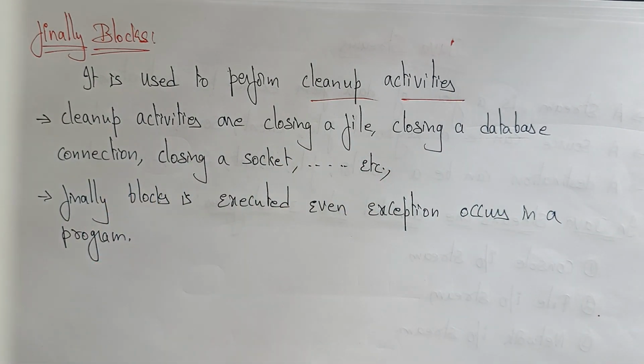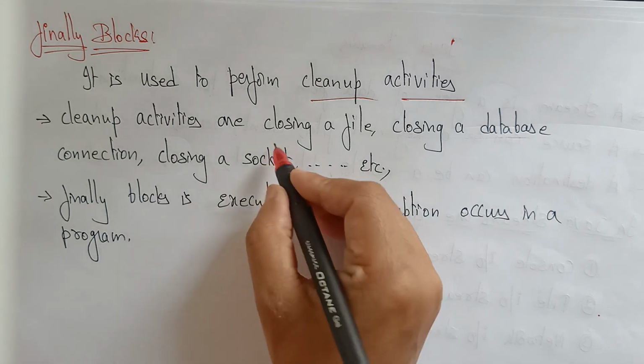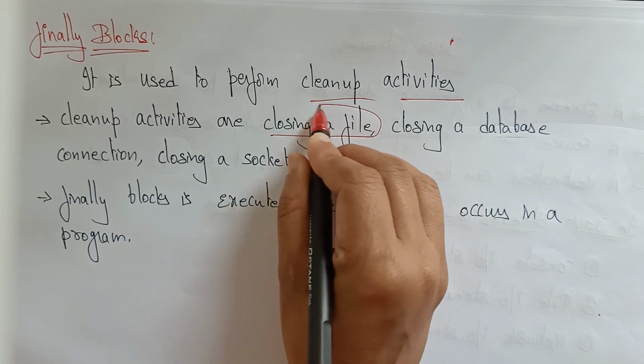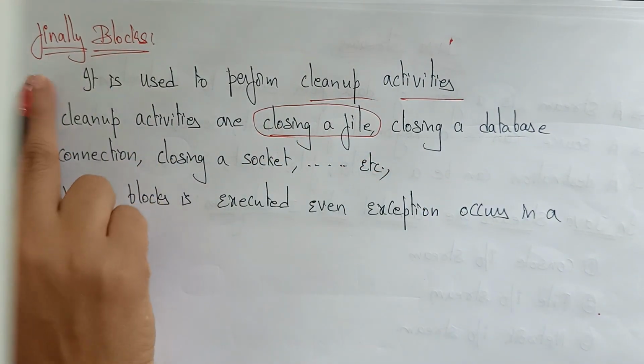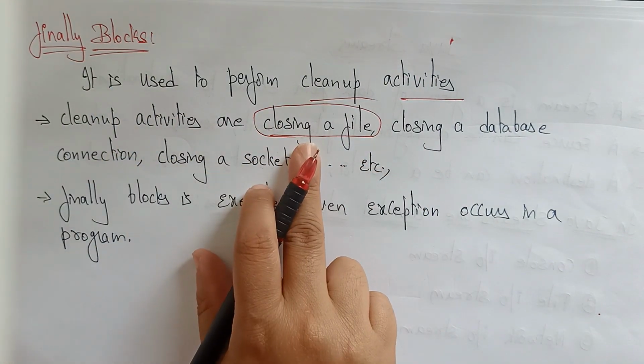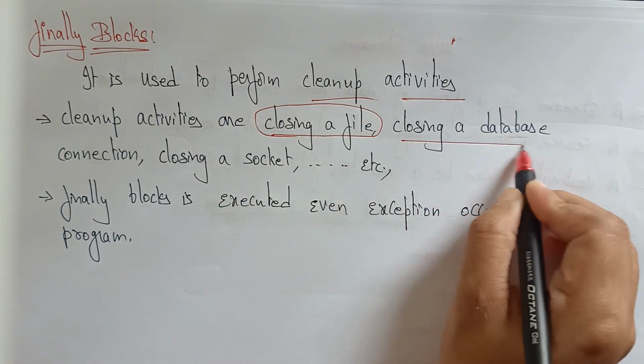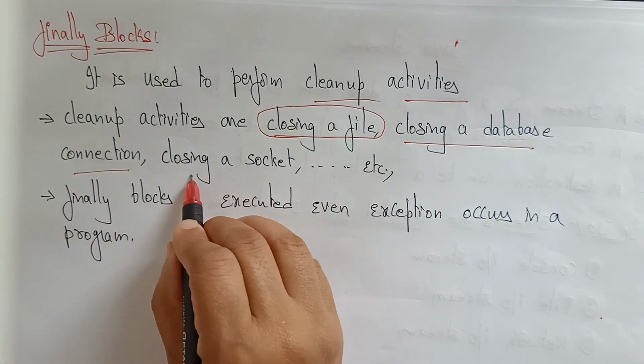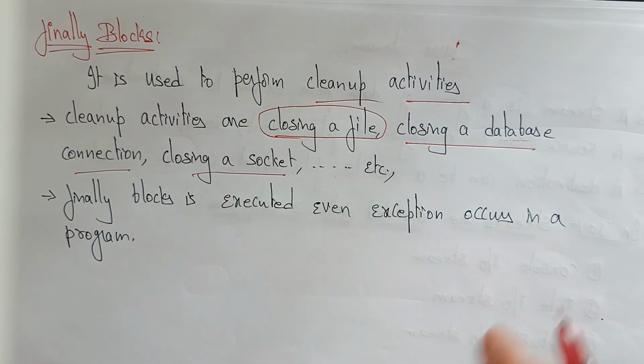If you want to close a file, the finally block will help you. It closes the file, the database connection, and the socket. So it cleans up all activities and frees up space for other operations.